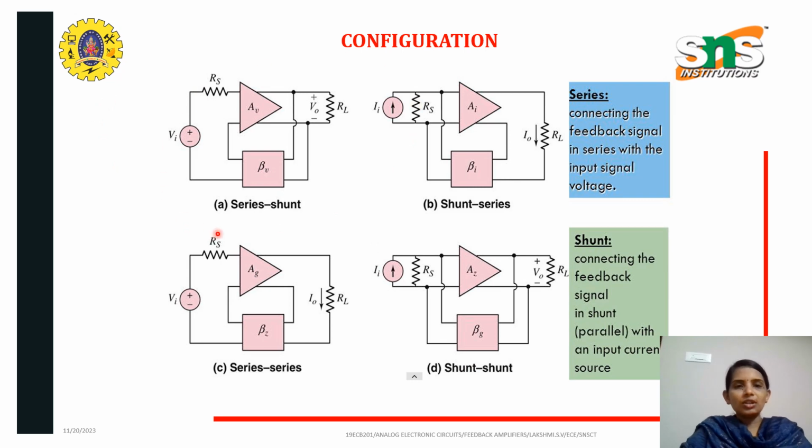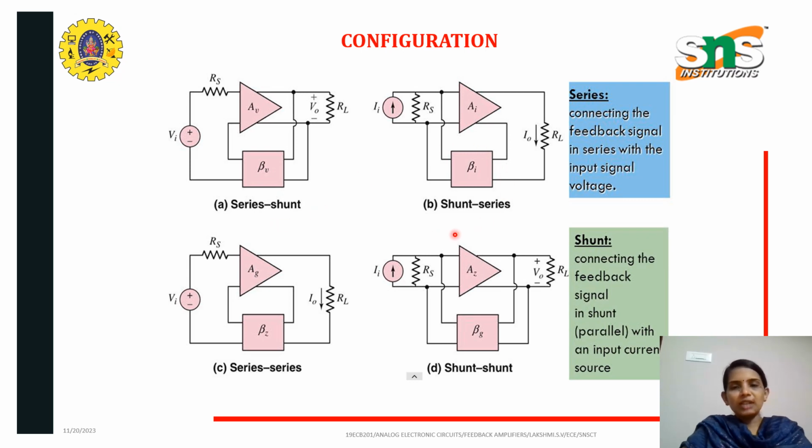In series shunt, you can see that the voltage signal here is given in shunt connection, whereas at the output, the voltage is taken as series. This part indicates the sampling network, and this part indicates the mixing network. If this kind of connection is done, it is series shunt.